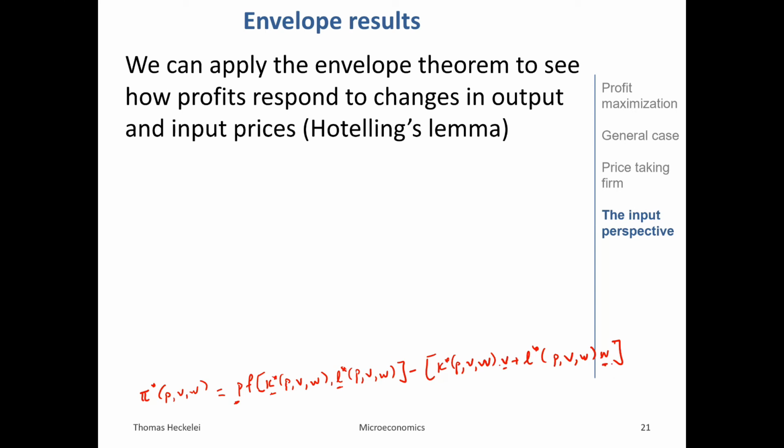So that is the application of the envelope theorem. If we take the derivative of the profit function with respect to P, we will arrive at F, and in this case it is equivalent to the supply function, the Q. Does it look familiar to you? It is the supply function that we derived in the output perspective.